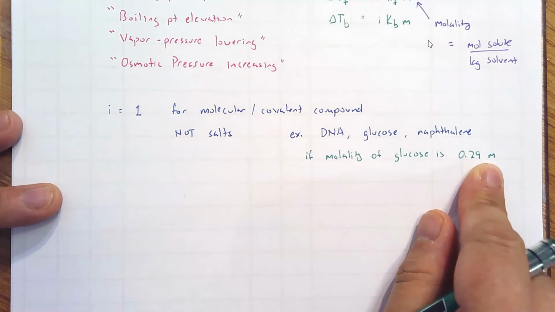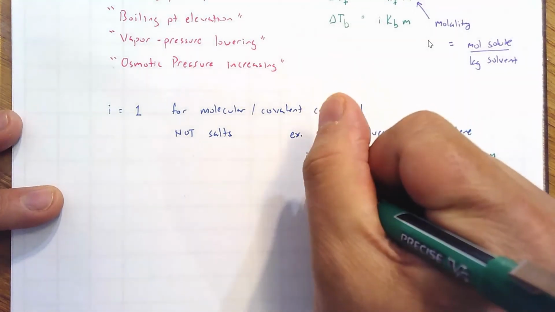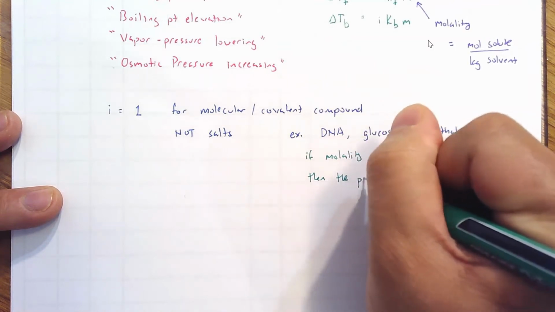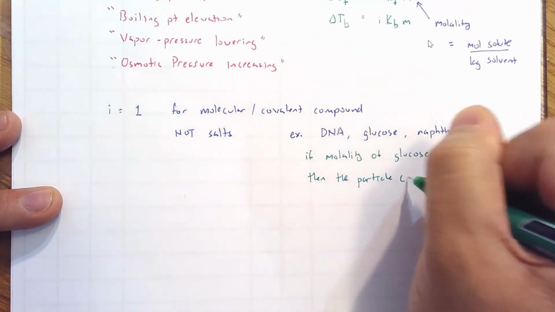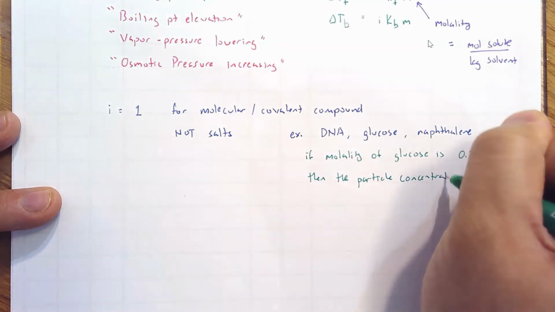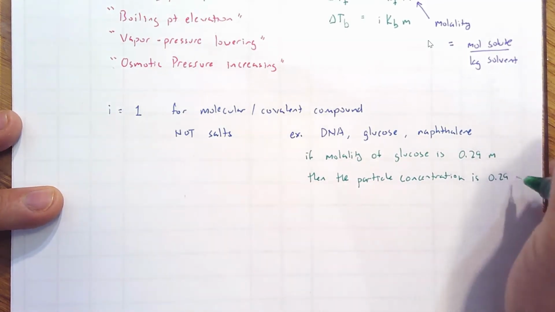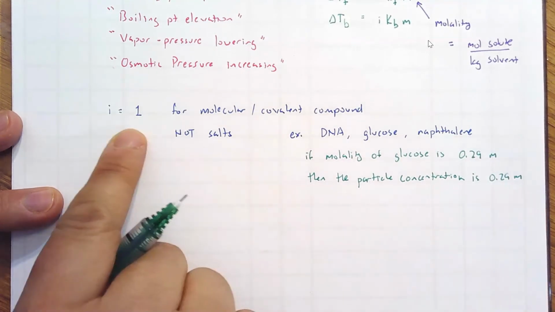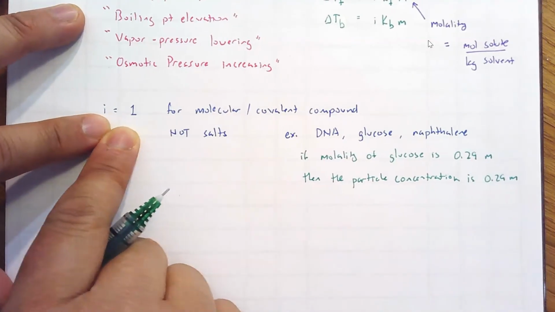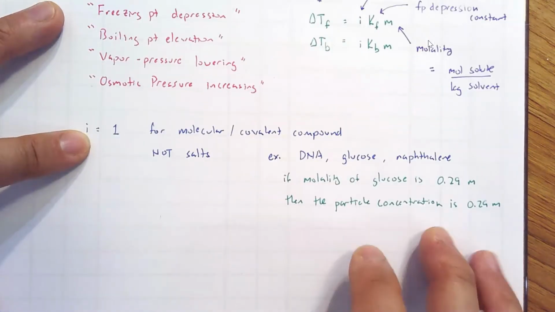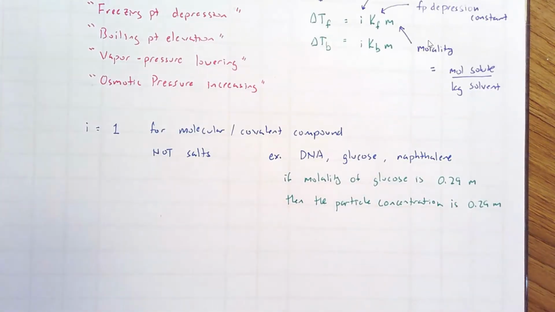So just be careful, that's again molal. Then the particle concentration is also 0.29 molal, because we're going to multiply these terms by 1. So they're equal.